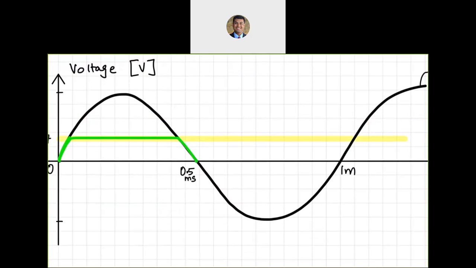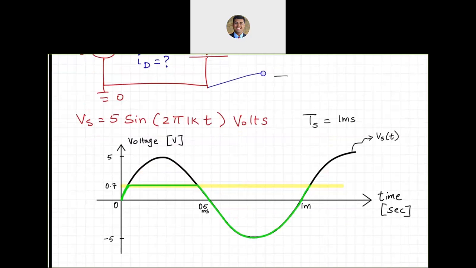Let's see if I can trace over my own sine curve. And over here again, it'll follow there, and then it'll flatten out at 0.7.